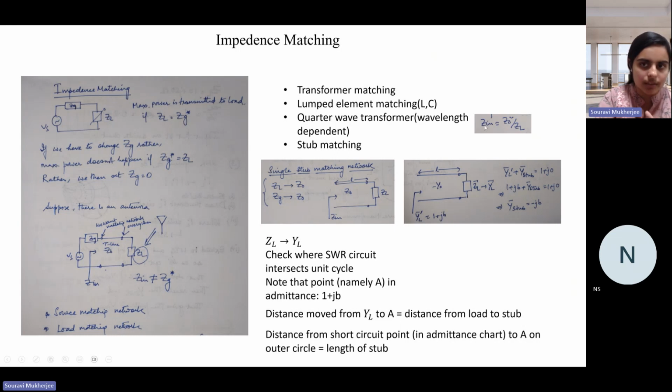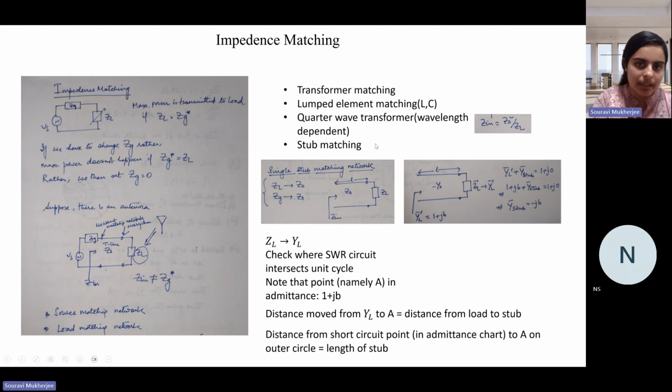So that tells you what kind of characteristic impedance your transmission line should have, and under what conditions your matching is possible. But remember, the main idea here is that the transmission line has a length of lambda by 4, so it's wavelength dependent. It does not work well over signals which vary over some frequencies or wavelengths, right? So in those cases, it's not that effective.